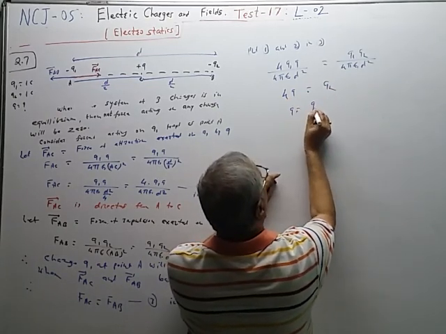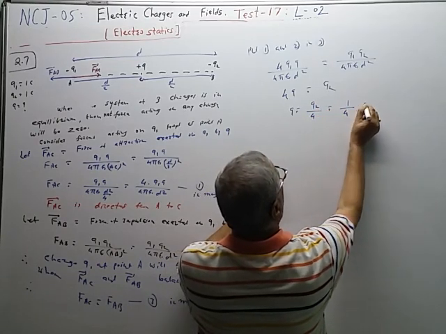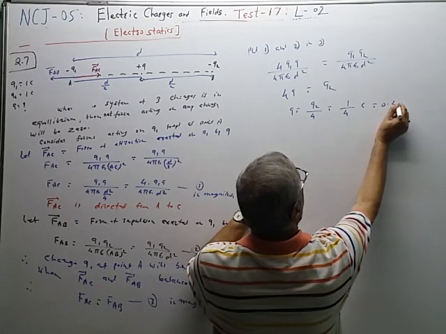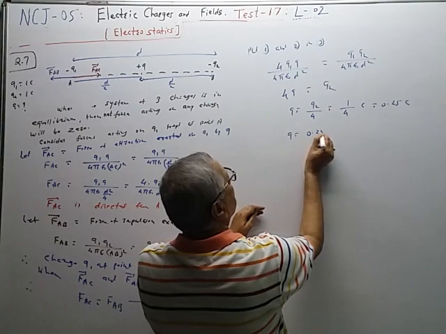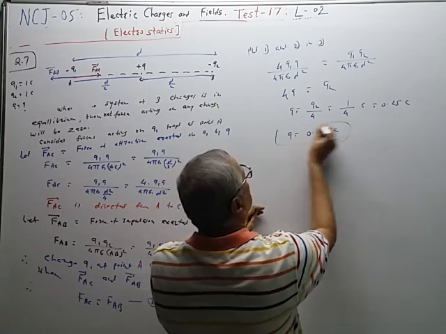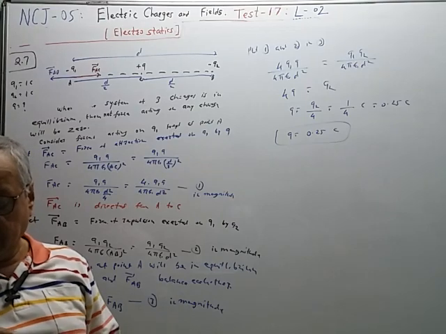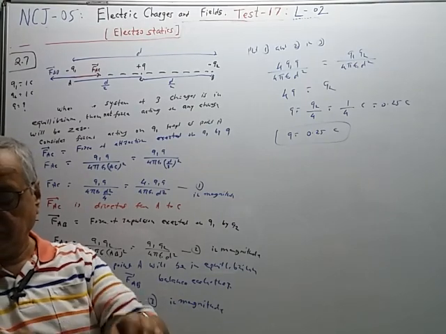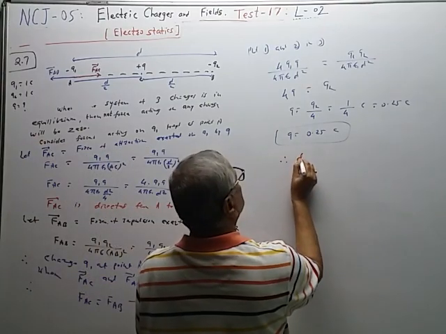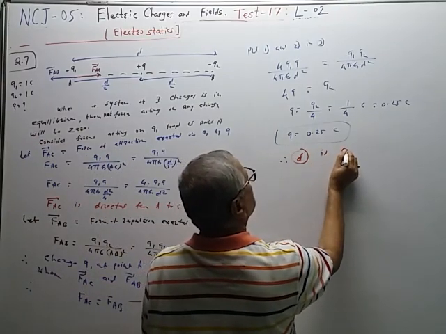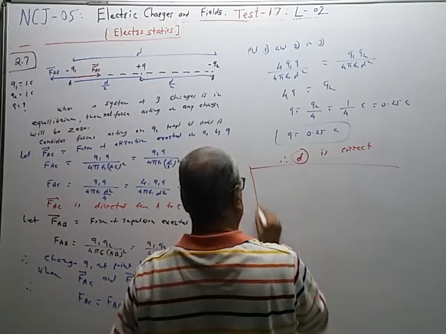Therefore, Q is equal to Q2 by 4. That is equal to 1 by 4 coulomb. That is equal to 0.25 coulomb. So Q is equal to 0.25 coulomb. So the correct choice is D. D is correct.